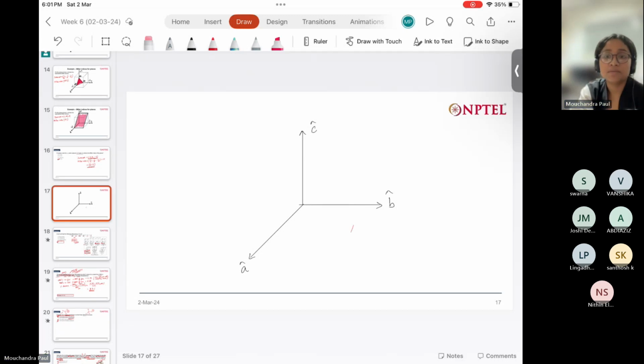Try to understand the question first. Think what is correct to you. If there is some mistake, reevaluation and everything will be done by NPTEL. But your basics should be strong, your concepts should be correct. Then you'll be able to find the correct answer. I'm here to help you understand whether what you are understanding is correct or not. So if you have any queries, you can ask me.